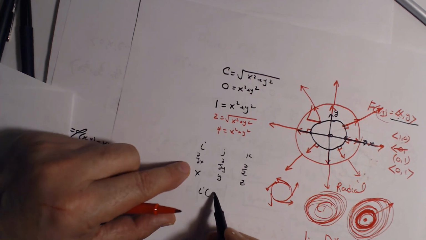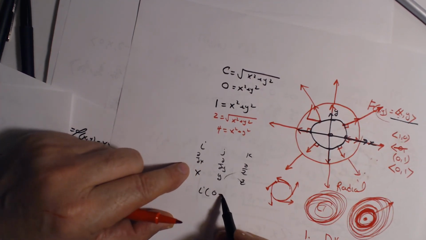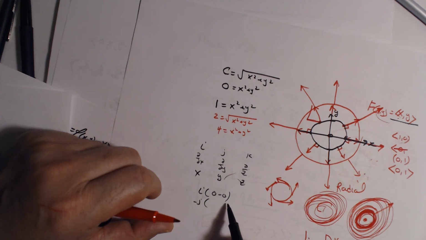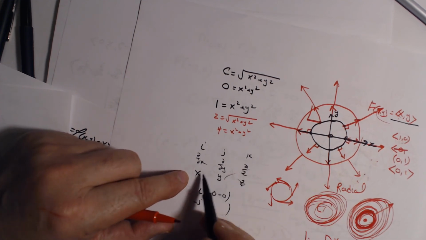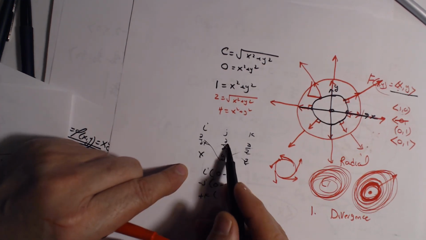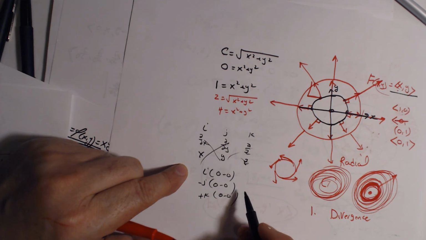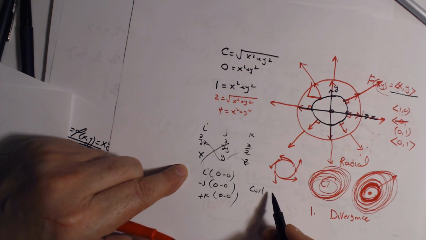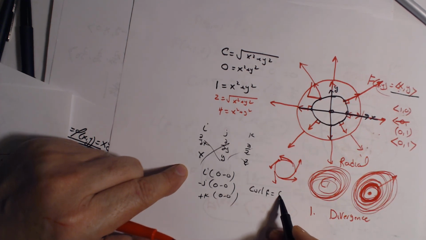The i component is 0. The j component is 0. The k component is 0. Oh, the curl of that f is 0.